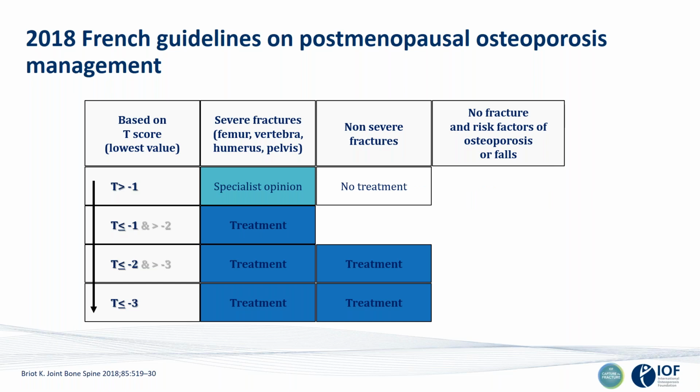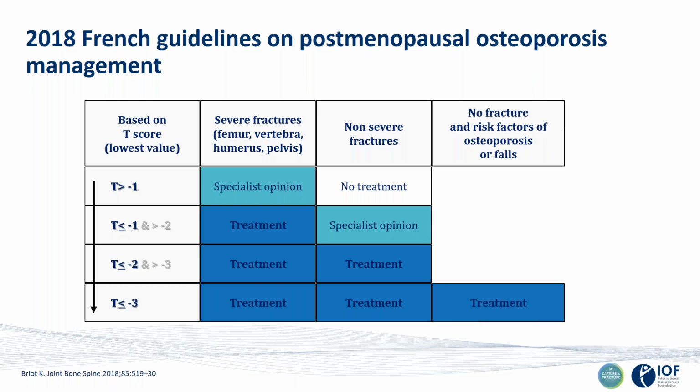If the T-score is above -1, it is definitely a traumatic fracture, especially at the wrist or the ankle. And if it is in between -1 and -2, it may be good to have a bone specialist opinion to be sure whether the patient needs a treatment or not, based on other criteria, like bone markers, for example.